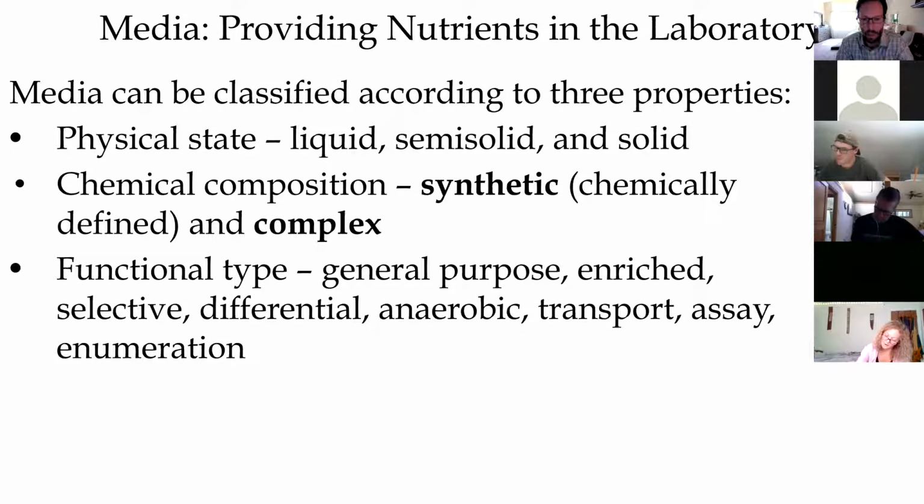For instance, if you're going to grow something and you're going to use sheep's blood because there are hemolytic bacteria that will break down the hemoglobin in the blood on the plate, and that will show you that. You don't know every single component that's in that sheep's blood. We can infer what the majority of the stuff in the blood is, but you don't know exactly everything in there and the concentrations and the amounts. Whereas synthetic, it's completely defined.